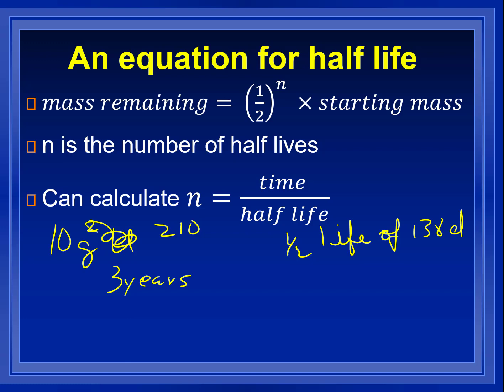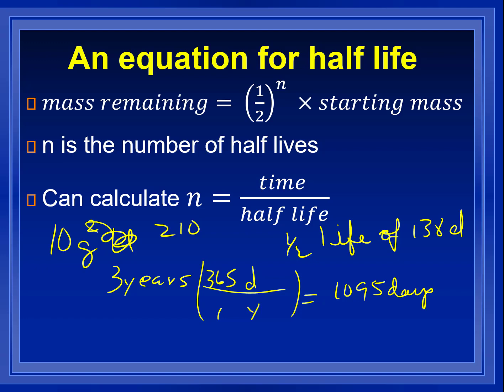Well, do we want to add up 138 days and 138 days and 138 days until we get to years to days? 1 year is 365. So that is 1,095 days.